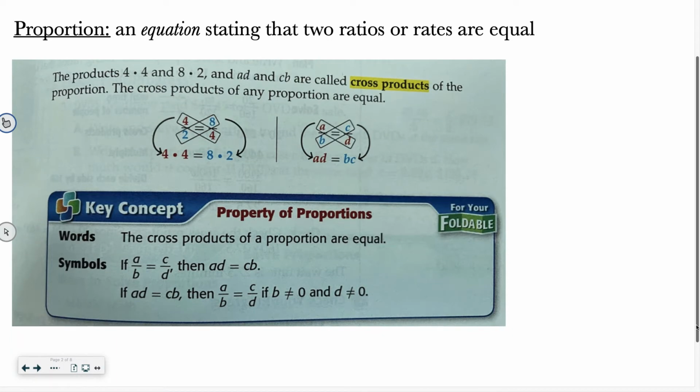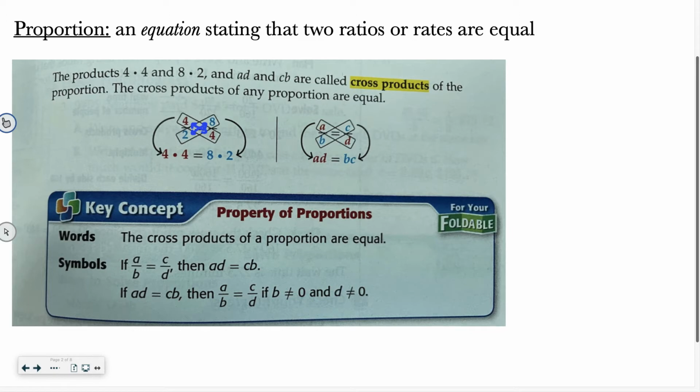So if you look here, we have our first ratio, our second ratio, then there's an equal sign, so this is a proportion. And the way that you can solve proportions is you multiply on the diagonals, so 4 times 4, and you set it equal to the product of the other two.